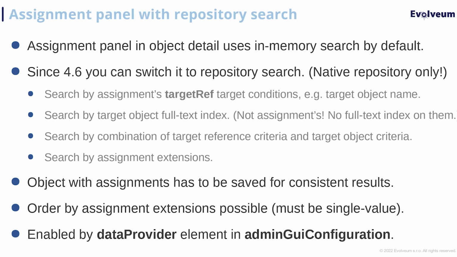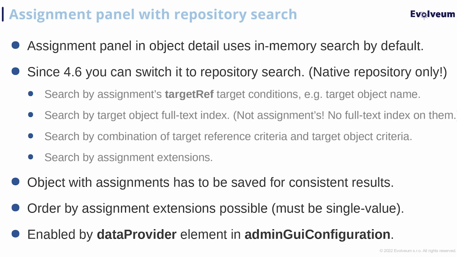Assignment search panel is normally using the list of assignments from memory for showing the assignments and sorting them and so on. But sometimes it's not flexible enough. There are a couple of reasons.